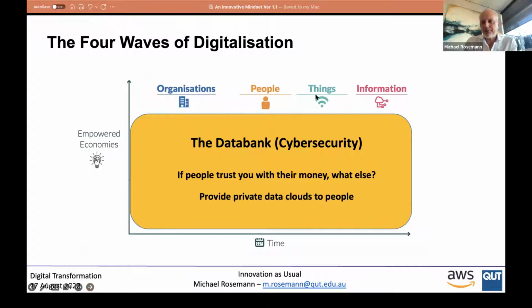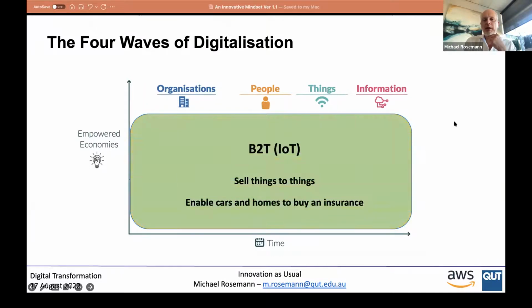Then we ask ourselves, what does the world of IoT do to us? And you can say, we are not here to fix a problem, we're here to identify an opportunity. So we asked ourselves, if things become autonomous, become smarter, can make decisions, will we have what we call B2T, business to things?